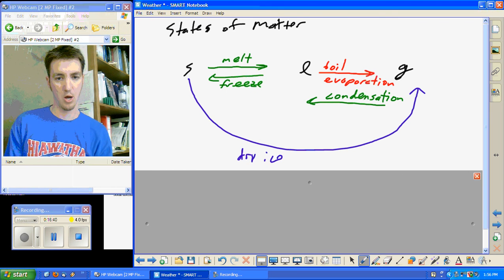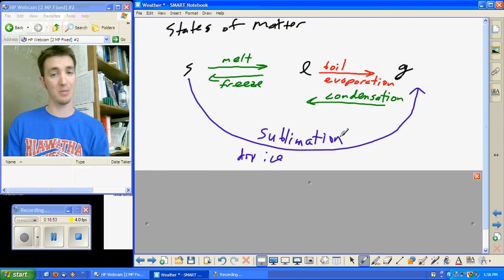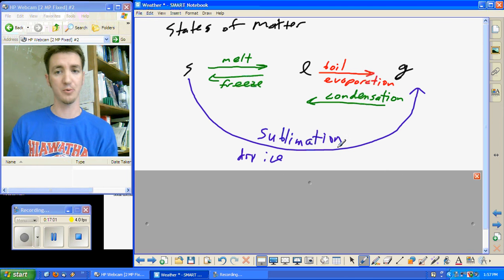Solid turns into a gas. That is called sublimation, or subliming. I don't know the name for gas to solid. I've never heard someone actually use that. You should look it up. But yeah, solid to a gas is subliming. The best example is dry ice.